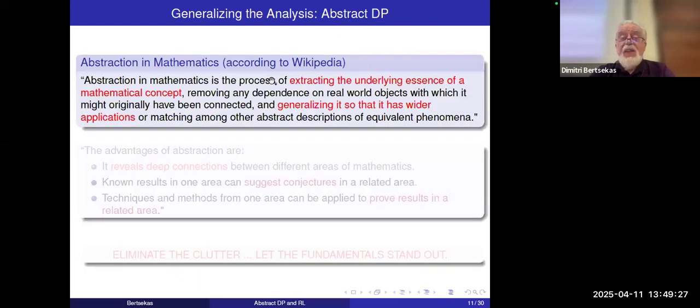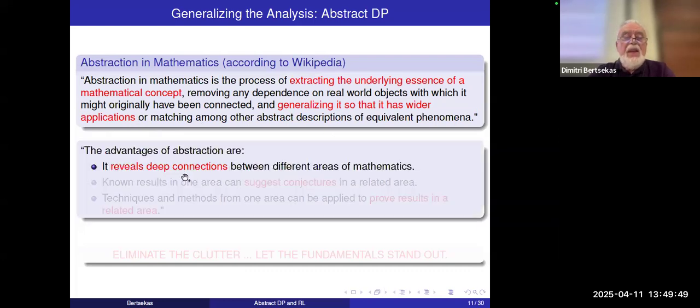Okay, abstraction in mathematics. I found this quotation from Wikipedia, which I like. I'm not going to make you read this, but I'm going to just summarize it. Abstraction is extracting the underlying essence of the mathematical concept, generalizing so that it has wider applications. We don't look at applications, we look at the basic mathematical structure. And the advantages are that it reveals deep connections between different areas of mathematics.